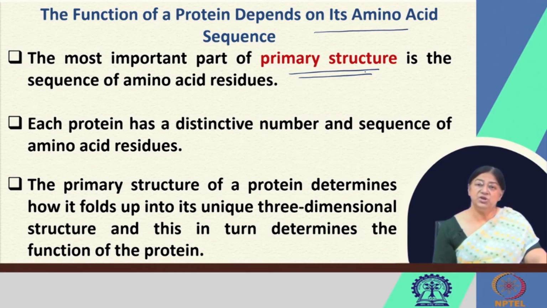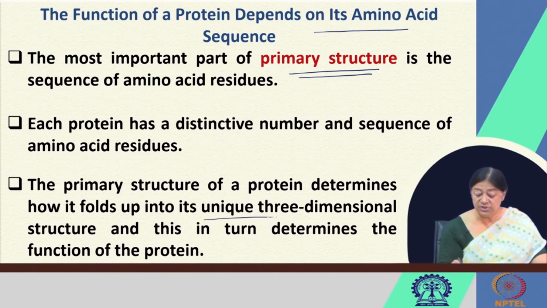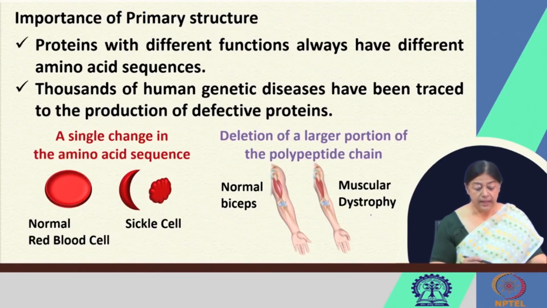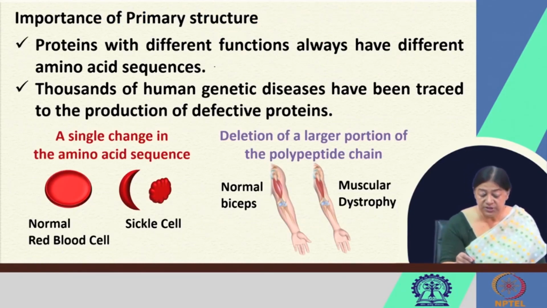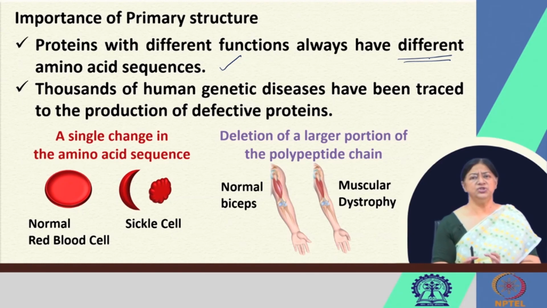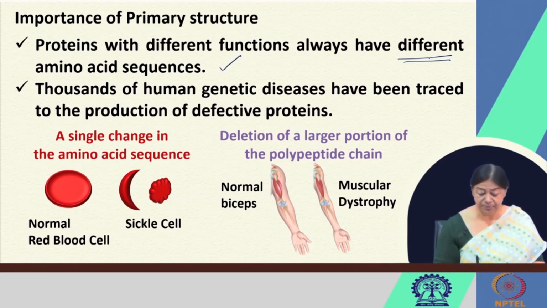So, the primary structure of a protein determines how it forms its unique 3-dimensional structure, which ultimately determines its function. We looked at how proteins with different functions always have different amino acid sequences, but the overall structure sometimes is pretty much the same.